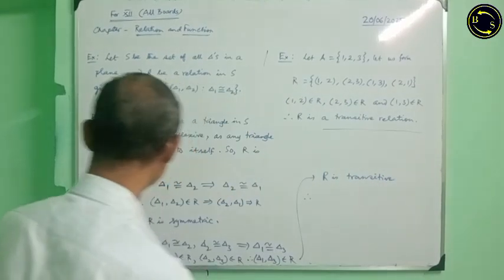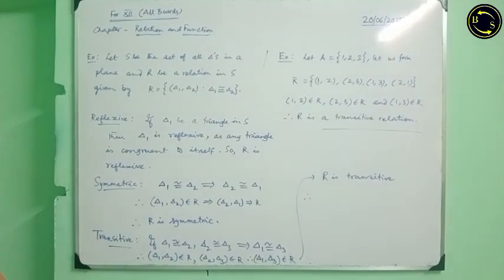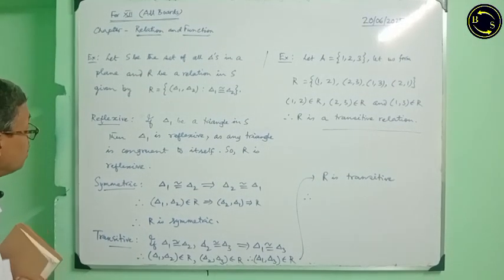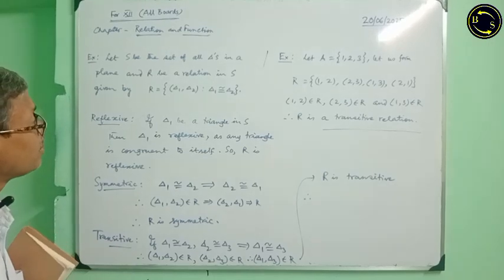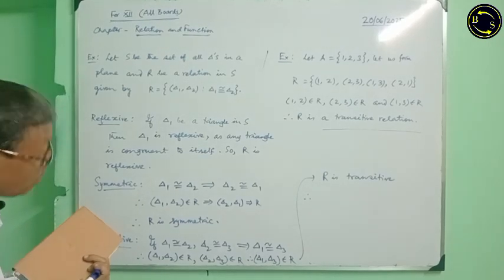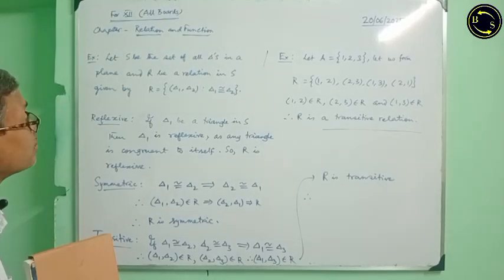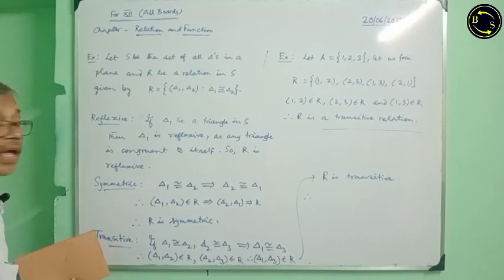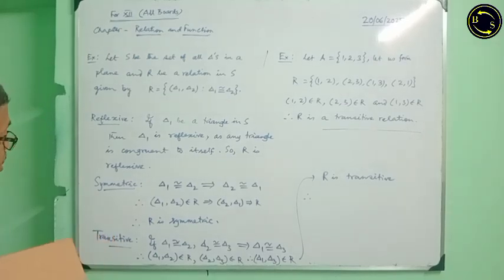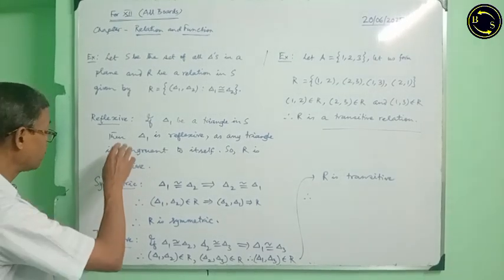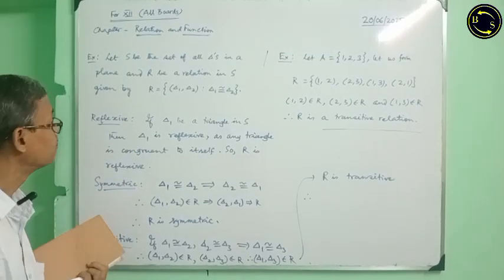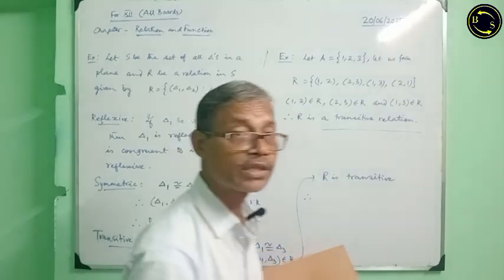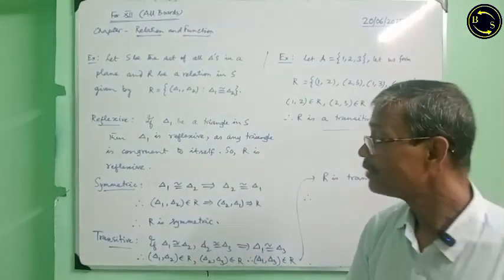Therefore, we have verified or proved that the relation R defined on the set of all triangles lying on a plane is reflexive, symmetric, and also transitive.